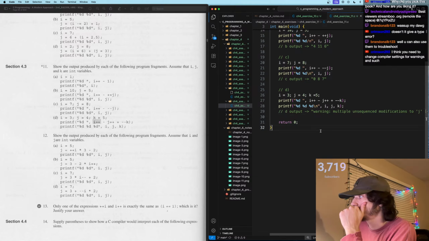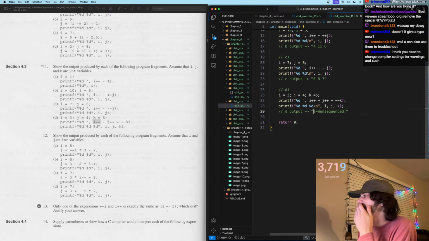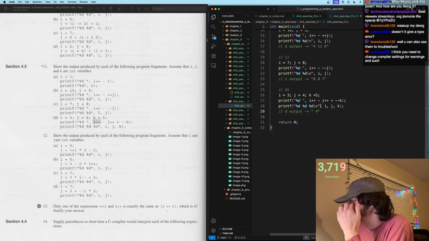All right, what's happening here? I is being treated as 3 in this line and then incrementing to 4 in this line. So right off the bat, we know what to do with that. So let's do i here. So for the first value though, j is also being incremented postfix, so j will become 5 in the second print, and then k is being decremented in this line here, and so k will be 4.